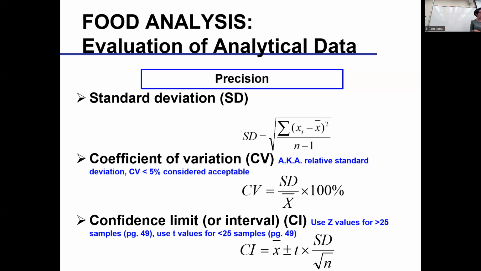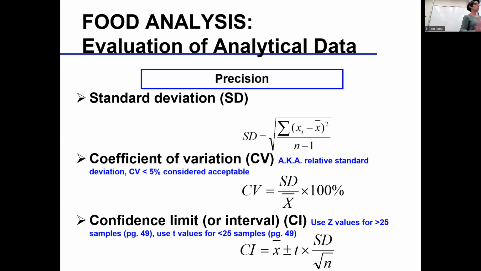On page 49, there is table number 4.3. It gives you values for t, for various levels of probability. 95% confidence is very commonly used, or 90% or 99%.